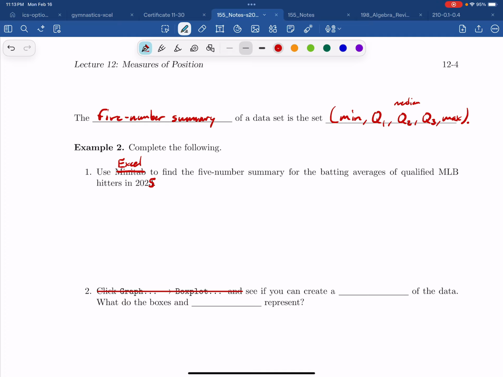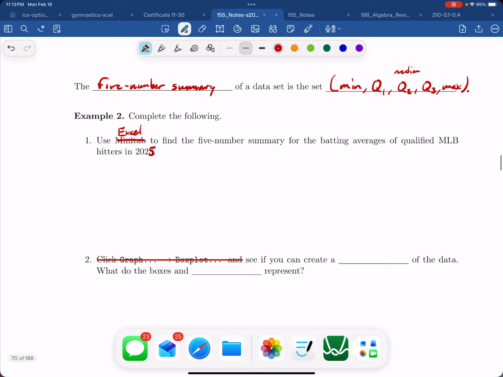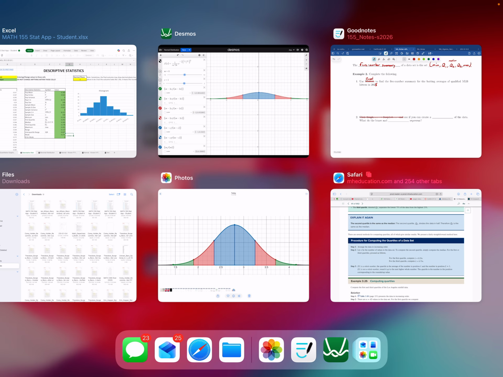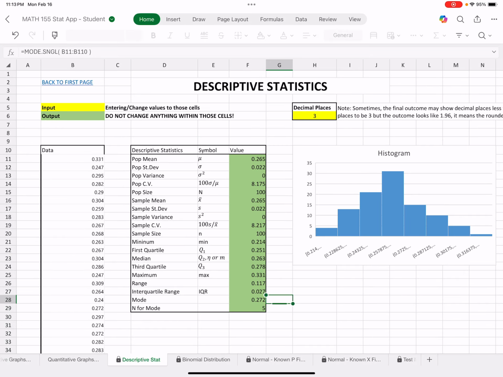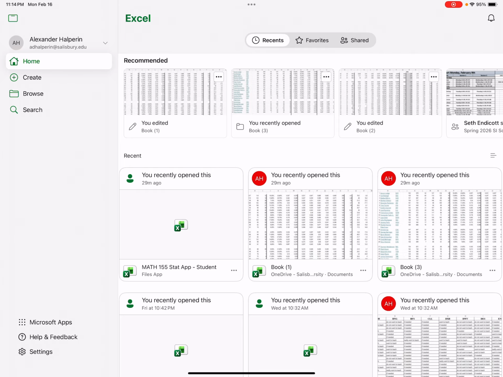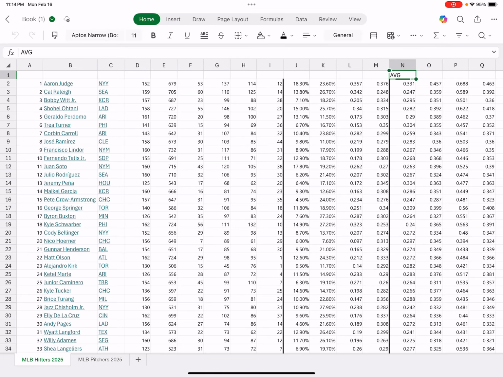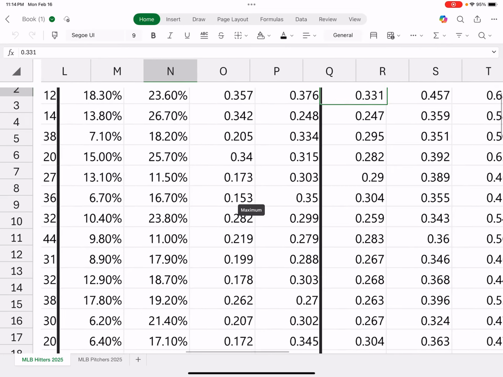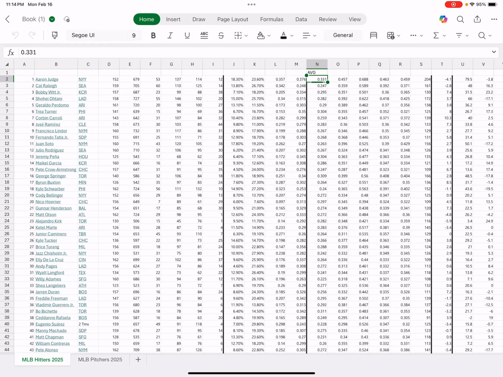All right, so let's see if we can get the 5 number summary of batting average of qualified MLB hitters in 2025. We've used this before, so if you've downloaded it, then you can just get that out. Copy the column. Let me just show you the column really quickly. It is this guy. It is the one that begins with 0.331. Okay.